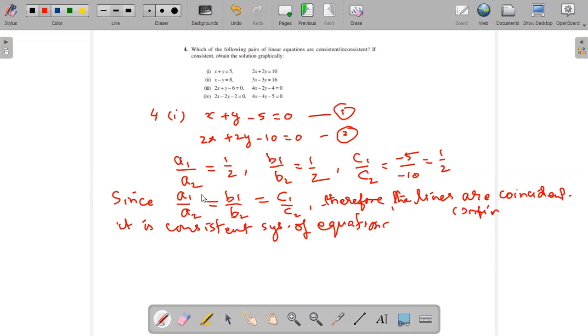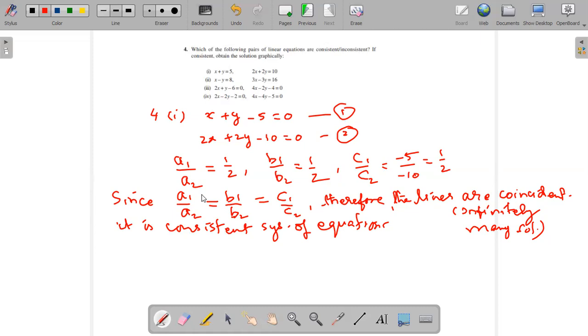You could write this also as many solutions, and it is a consistent system of equations. So we cannot solve by other methods, and in the graph also we can draw only one line which will represent both the lines.